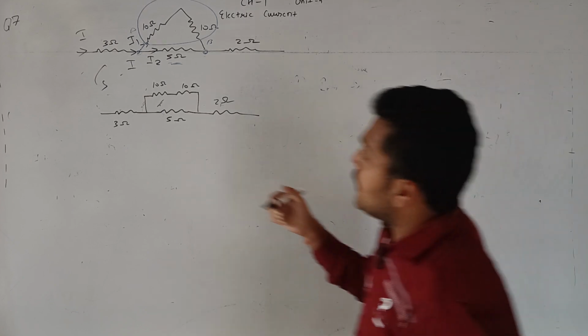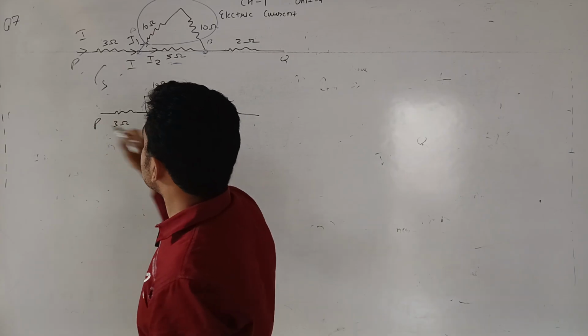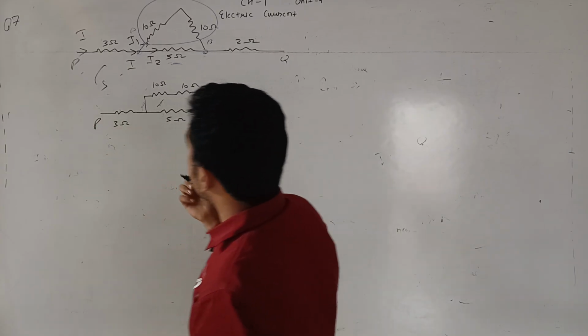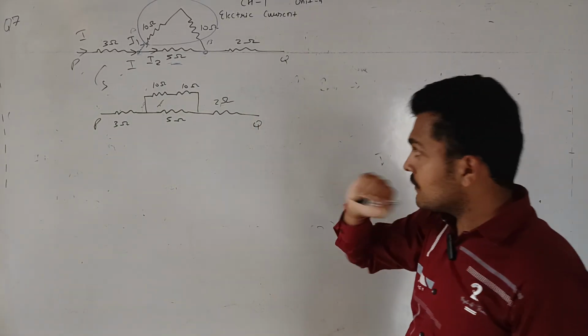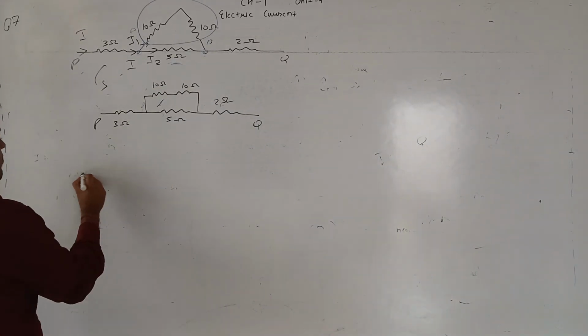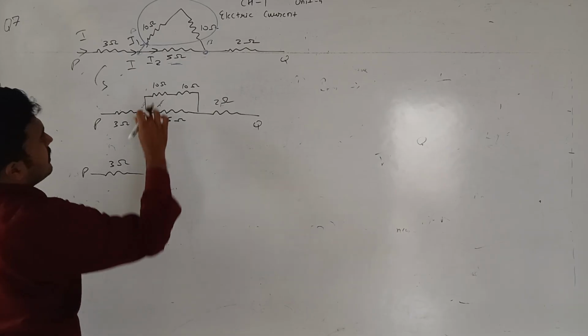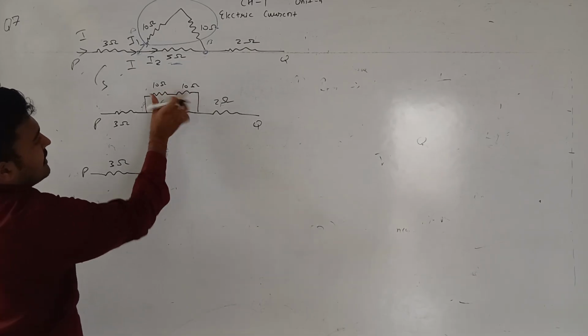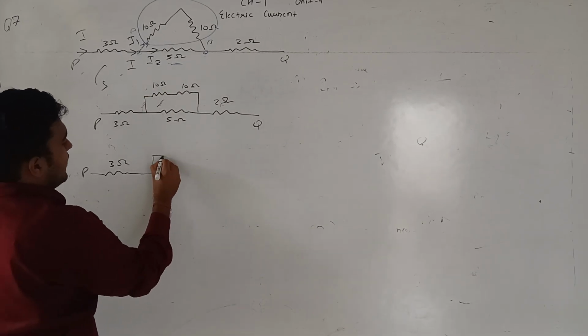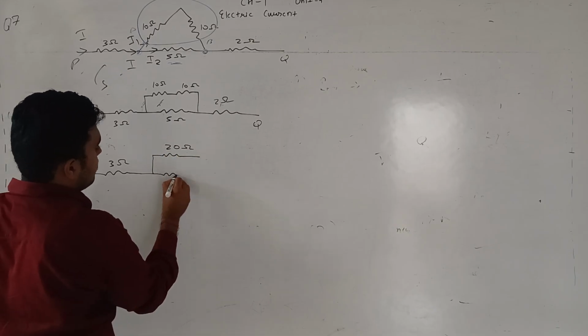Now we have to find the equivalent resistance. So what is the equivalent resistance between point P and Q? We'll go on simplifying this. So this will become P and this is 3 ohm, and then because these are in series, it will become 10 plus 10, so this will become 20 ohms, and this is 5 ohm.